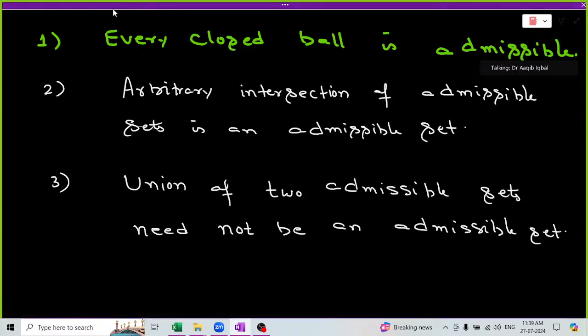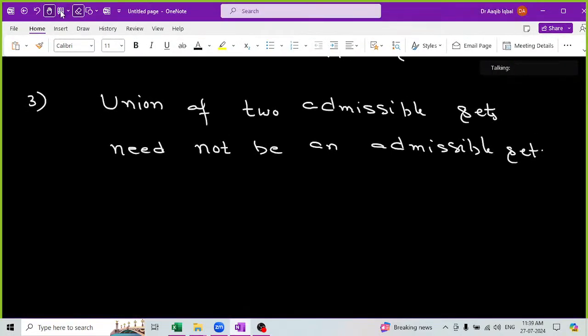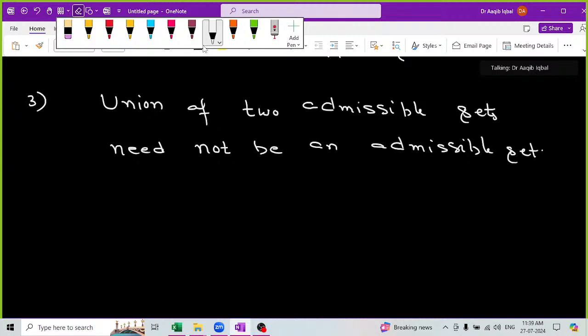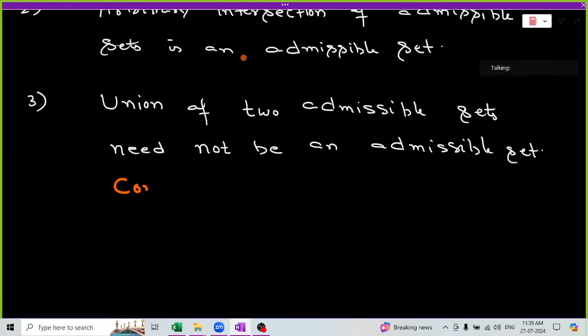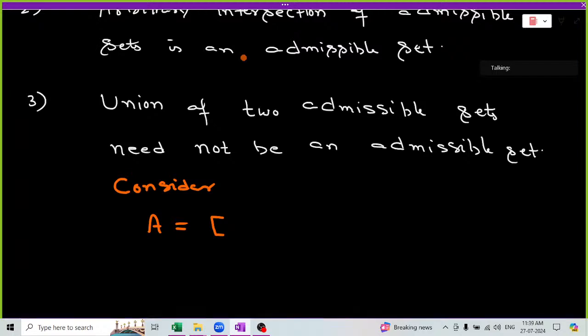और इसको जस्टिफाई करने के लिए आई जस्ट नीड एन एग्जाम्पल, और मैं आपको वही दे रहा हूँ. You consider A equal closed interval, closed interval आप लेंगे 2 से 6.